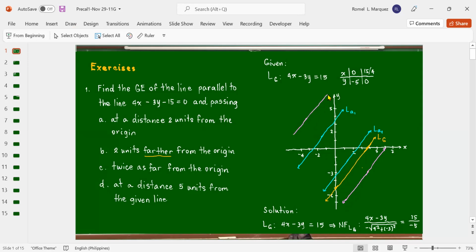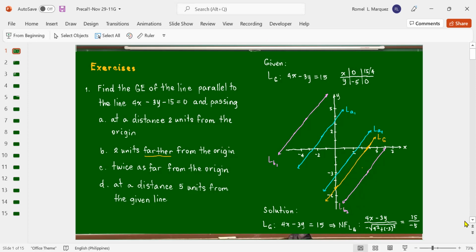So how far is this pink from the origin, guys? 5, right? So 5 also. But it is positive because it is above, while the other one is negative because it is below. Clear, children? So this is line B1. And what about this? Line B2.